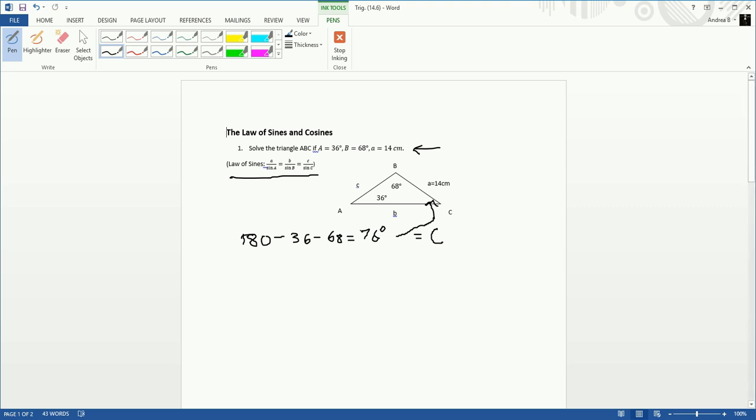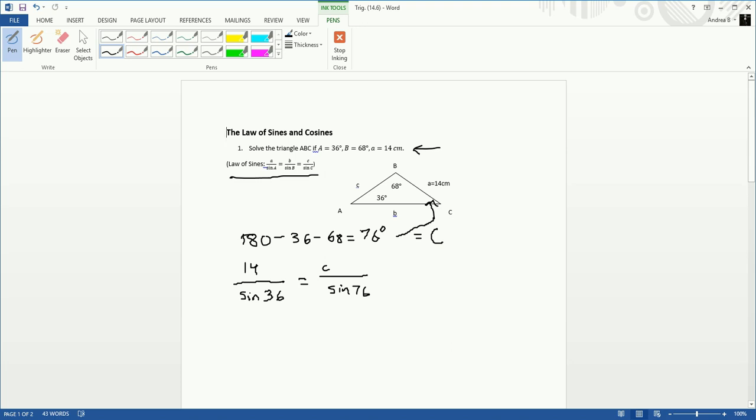So here, for instance, we know that 14 centimeters is side A over sine of its opposite angle, which is angle A, which was 36 degrees, is equal to, and then we have side C over sine of angle C, which was 76 degrees. That's what we just solved for there. So remember, whenever you're setting these up, the angles always have to be matched with your sine function. So it's never the side that goes in there, it's the angles that go in with the sine function.